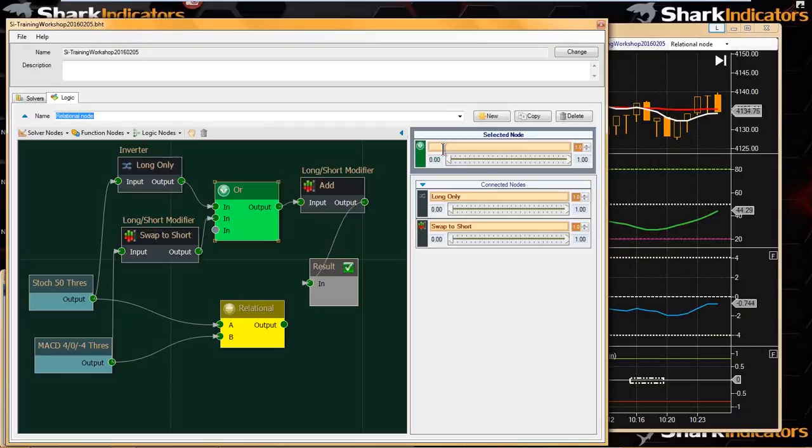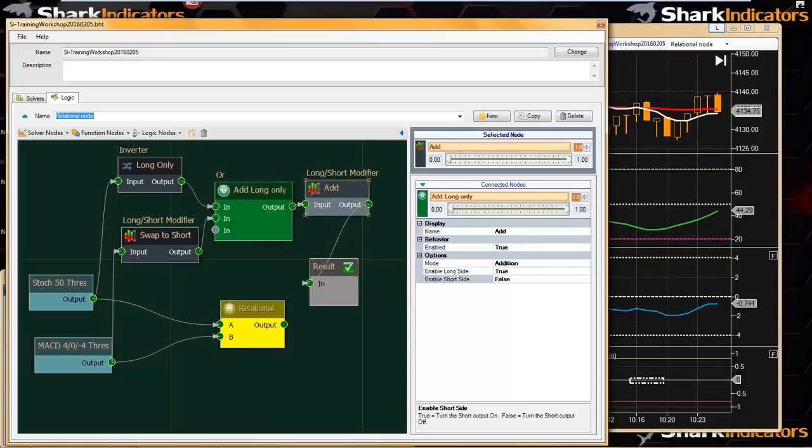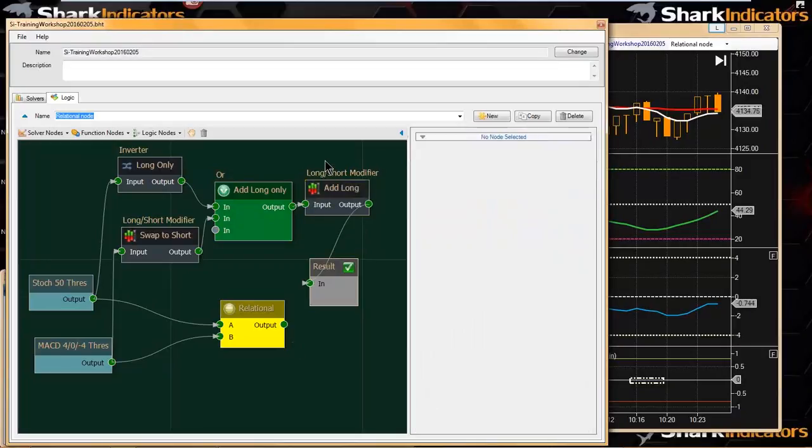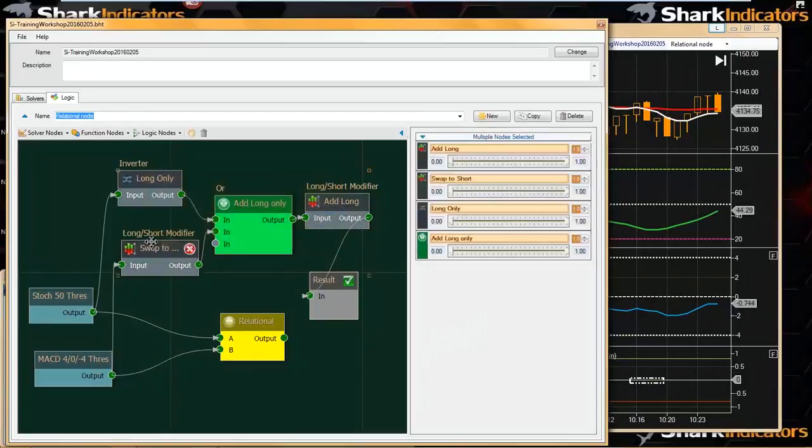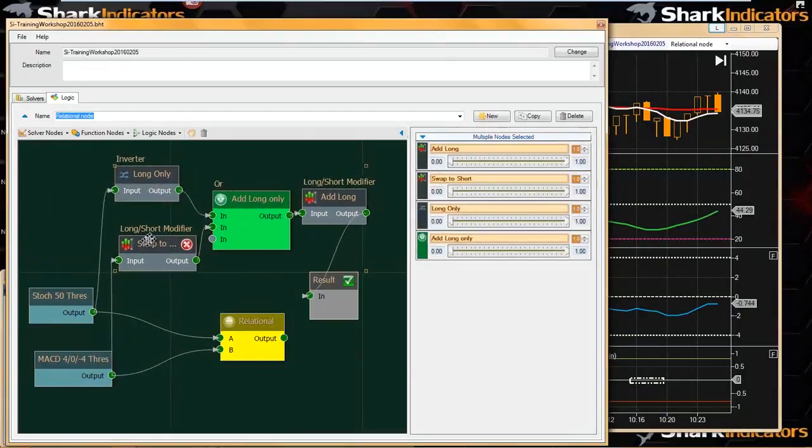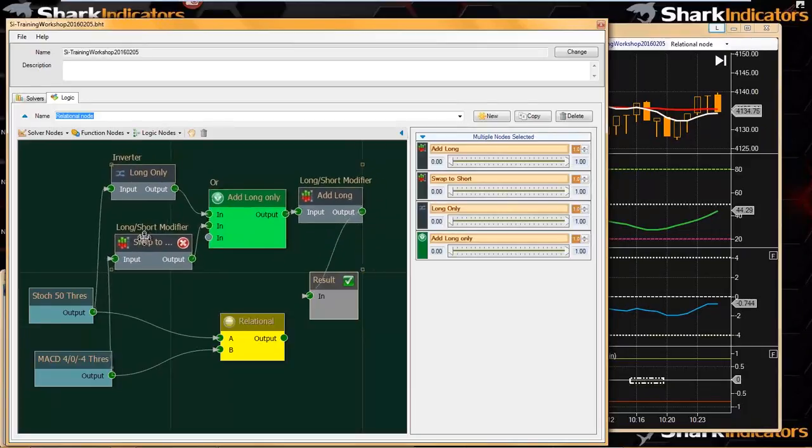So yeah, you need a group like this for the long side, and you'll need a separate group to add the short side together.